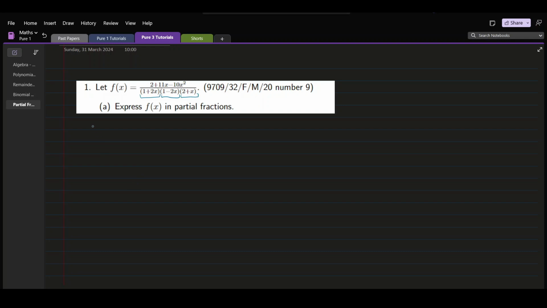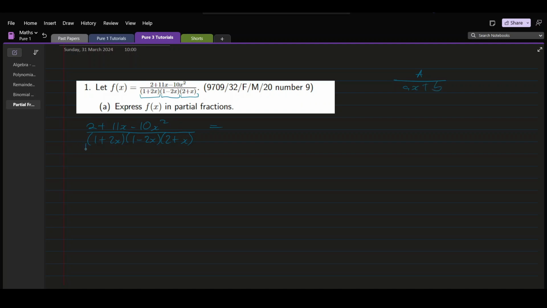So what we would do here is first rewrite our function f of x: 2 plus 11x minus 10x squared over (1 plus 2x)(1 minus 2x)(2 plus x), and we'll say equal to, so for a linear factor, we write in the form a over ax plus b.